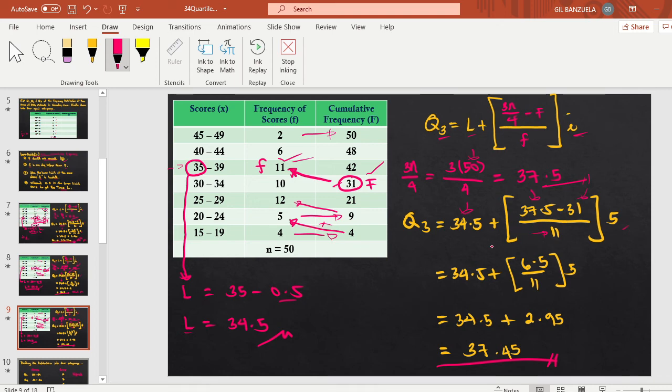Now simplifying, again bringing down 34.5, then 37.5 minus 31 is 6.5 over 11 times 5. Then simplifying this in your calculator, we will arrive at 2.95, then plus 34.5, so we will arrive at 37.5. Therefore, our quartile 3 is located at the 37th position.